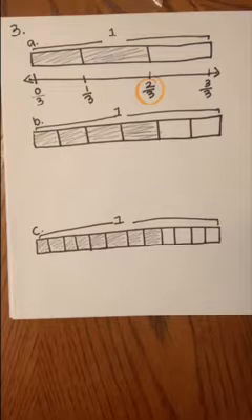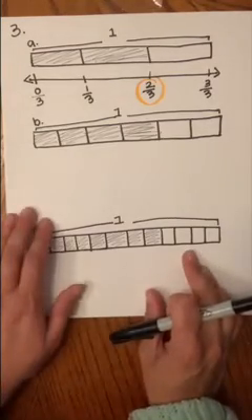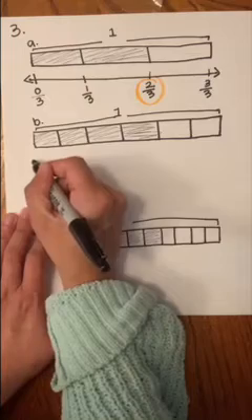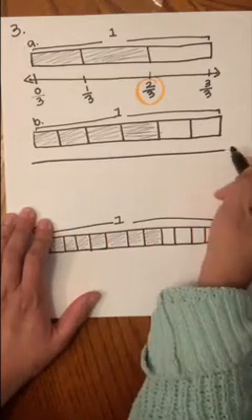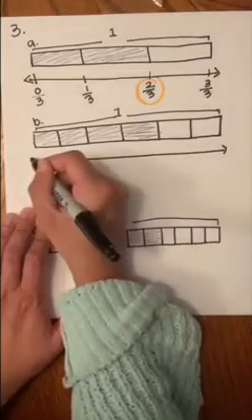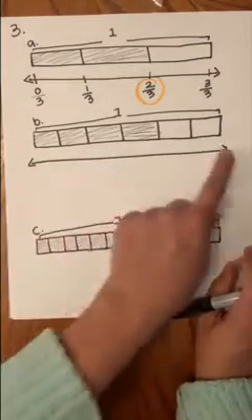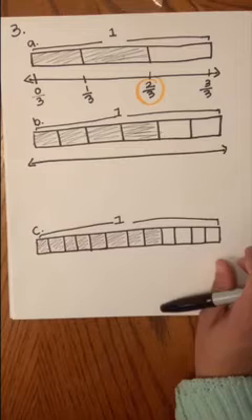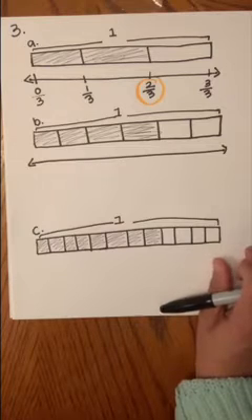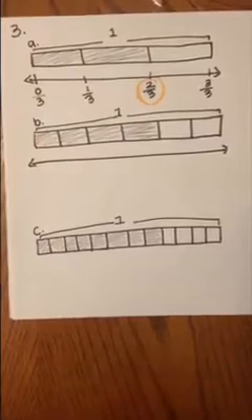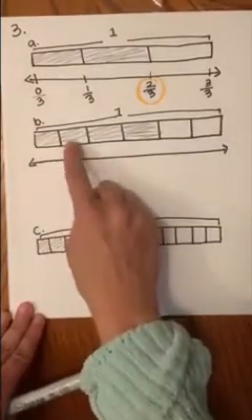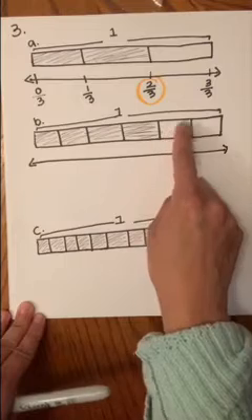Okay, should we try to do B together? Sure, why not? So, I'm going to start with my number line this time because I know I have to do a number line. So I'm going to go ahead, draw my line with my 2 arrows on the end. Now what? Oh, Miss Martinez, count to see how many parts are in your whole. Oh, good idea. 1, 2, 3, 4, 5, 6.